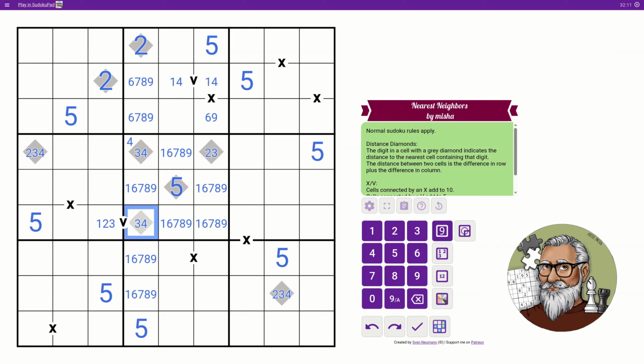So these are 3, 4 now. And this one is a 2 as well. Right. So one of these would have to be a 2, right? I'm not going to pencil mark that because it's in between two boxes.